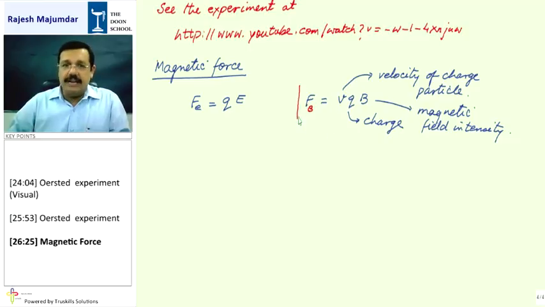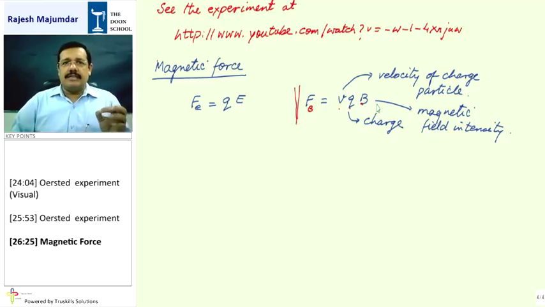Now magnetic force is dependent on velocity, in direct proportionality, charge and magnetic field intensity. So if magnetic force is to be experienced by a charged particle, then it has to move. It cannot be stationary. Whereas this is not true for electric field intensity.